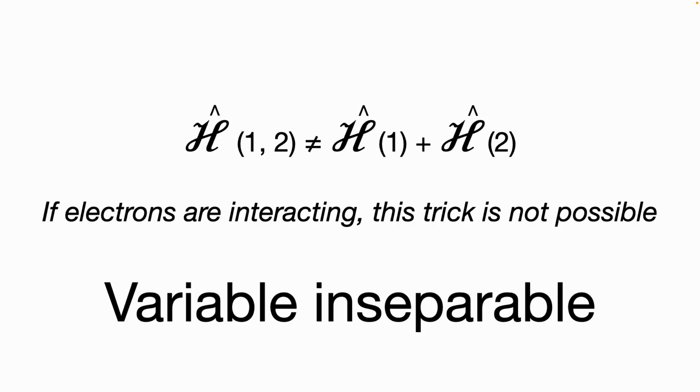However, if the electrons are interacting, this trick is not possible, and the Hamiltonian is not variable separable anymore. This is because we'll have a third term. We would have these two terms plus a third term H1,2.